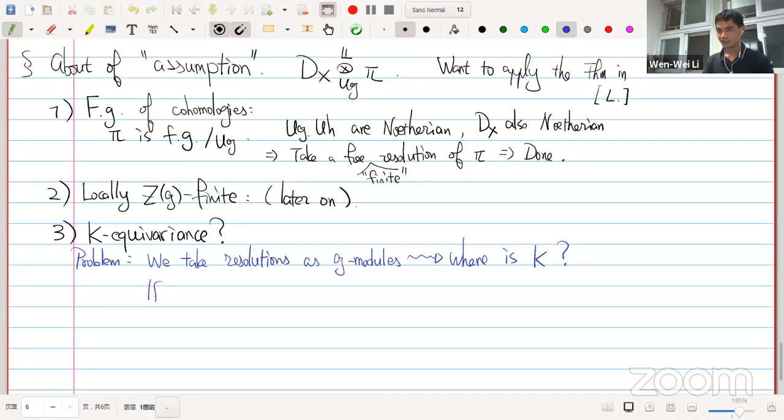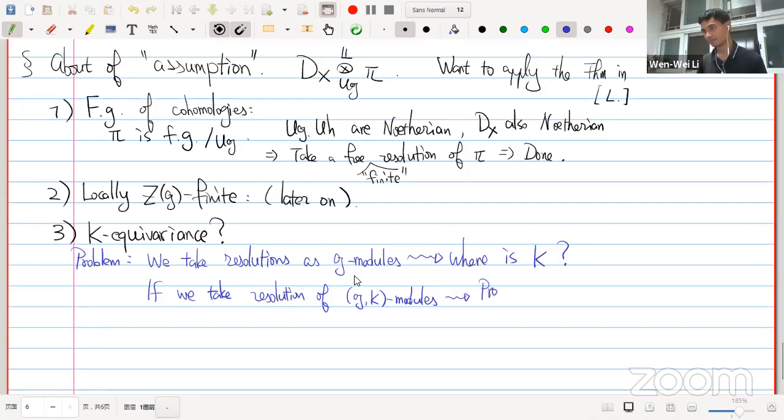But if we take a resolution by (g,K)-modules, there is a well-known theory of homological algebra of (g,K)-modules, for example in the textbook of Knapp and Vogan.